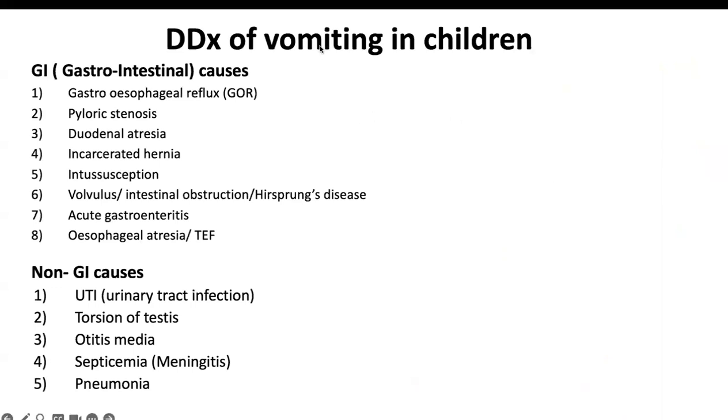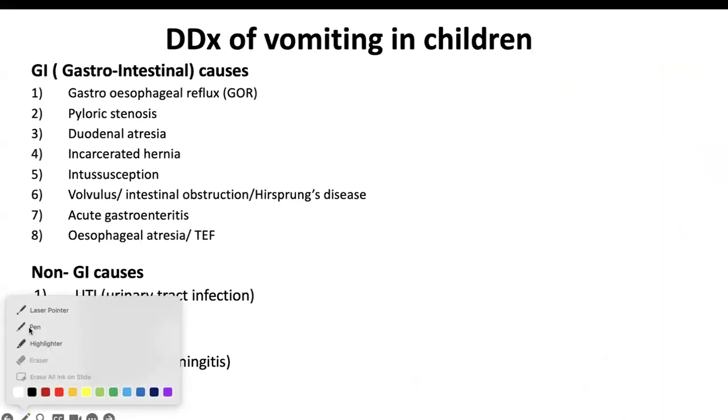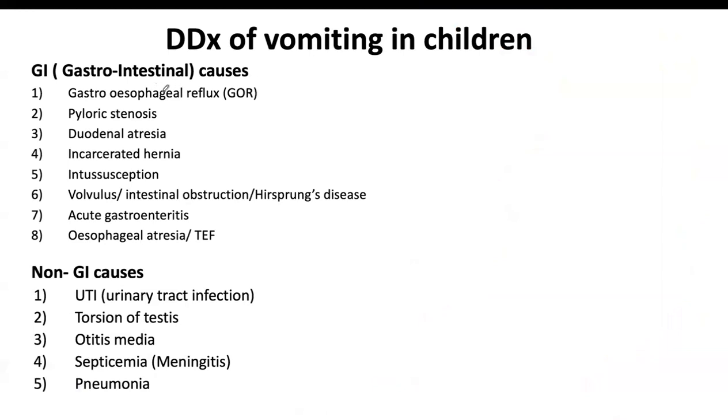So just like always, what should be the differential diagnosis for vomiting in children? There can be gastrointestinal causes, which are the most important to rule out, and then non-GIT causes. The gastro causes are the important ones, and they come in exam.